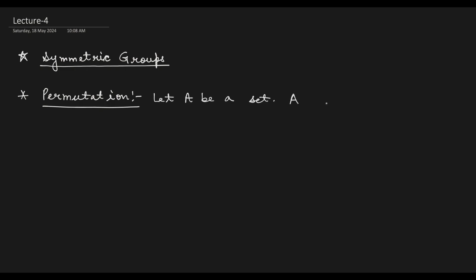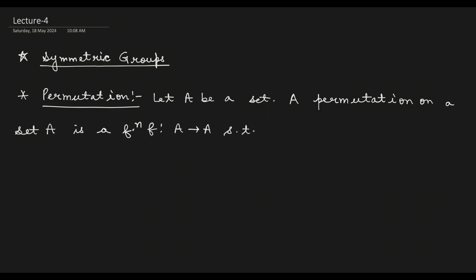A permutation on a set A is a function f mapping from A to A such that f is 1-1 and onto.